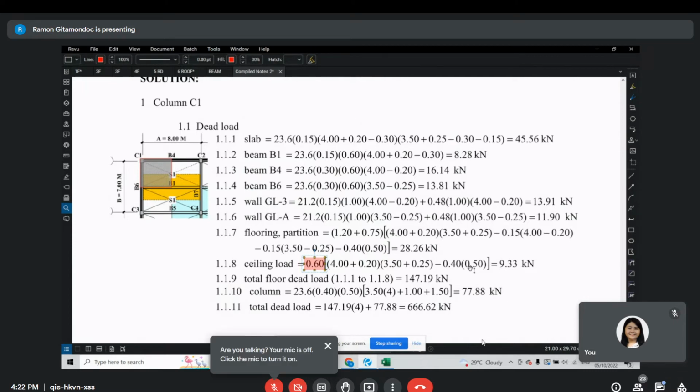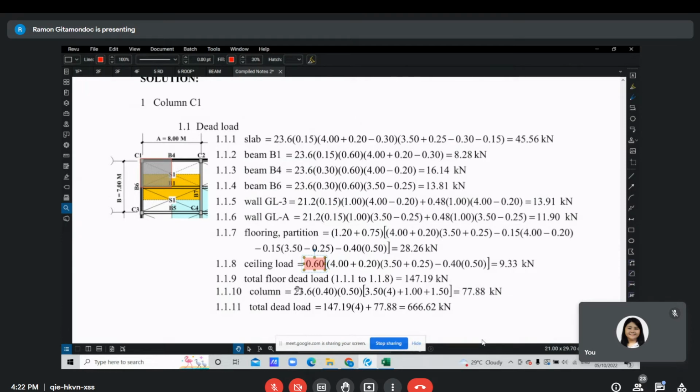But it's just a matter of common sense, and I think your knowledge in estimating is also helpful. For example, how do you estimate the amount of tiles? You have to compute the area to be tiled. This is the same thing here.